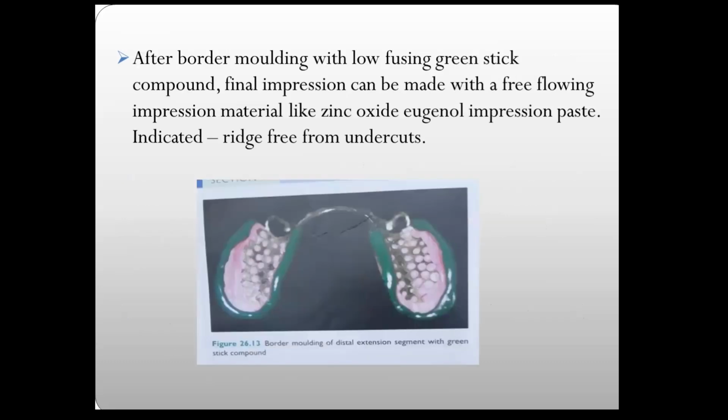Once that is done, we do the border molding with green stick compound. After that, we will make a wash impression with zinc oxide eugenol.